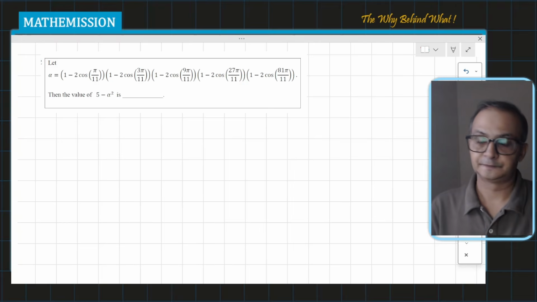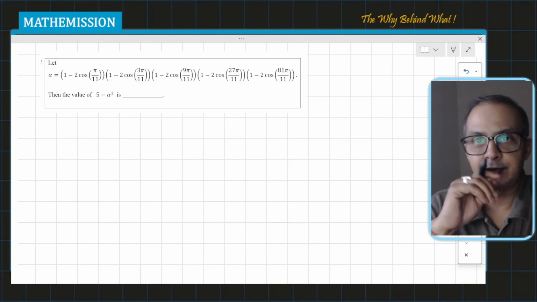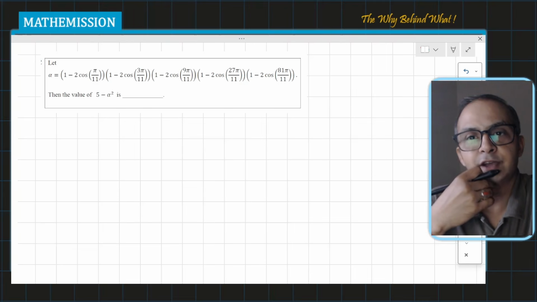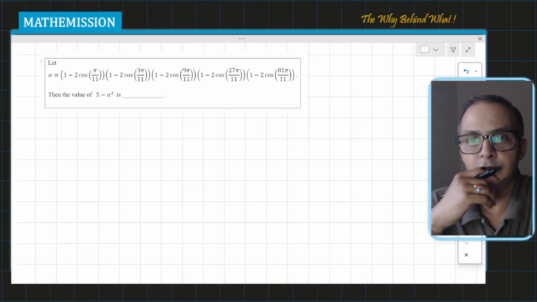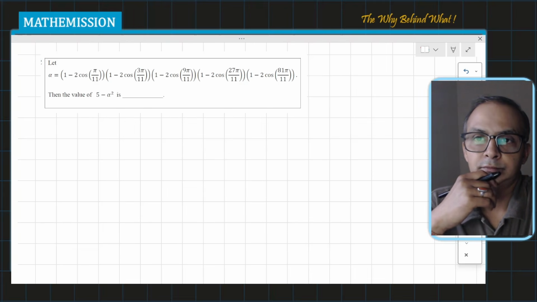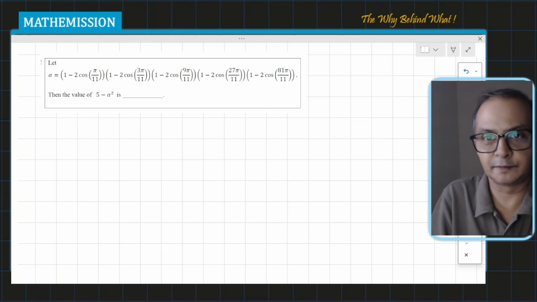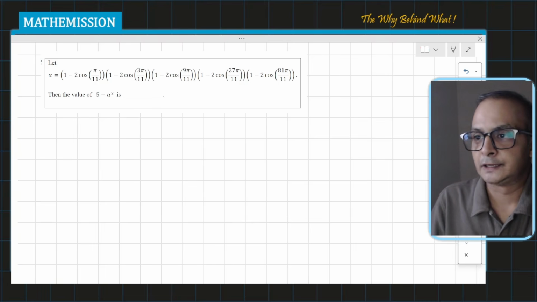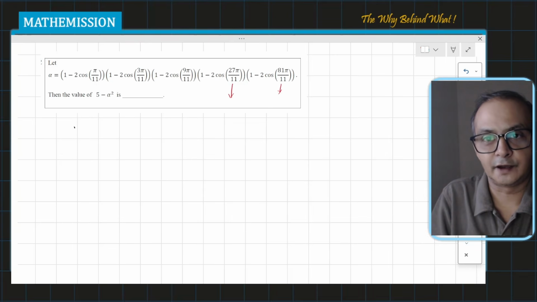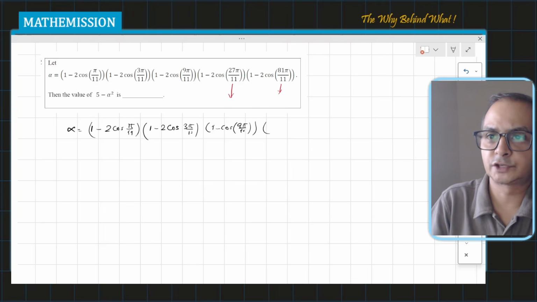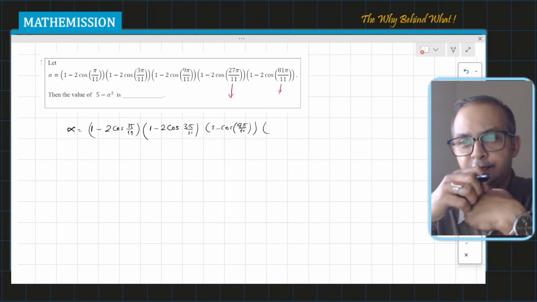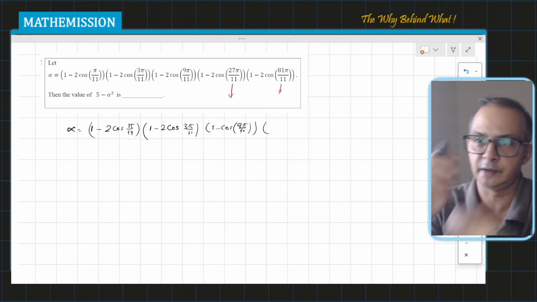So let's start. The idea is this: suppose I try to make it into factors of a polynomial, then is it helpful? For that, let me first write these two terms in a simpler version. So this alpha, let me write it first. You notice this 27 pi by 11 I can write as 2 pi plus 5 pi by 11.